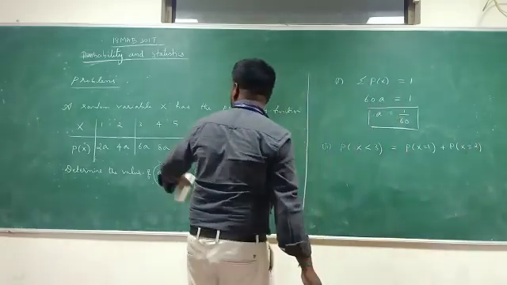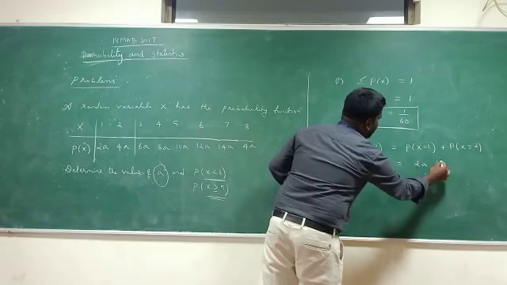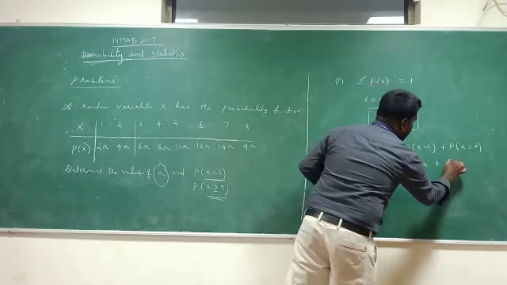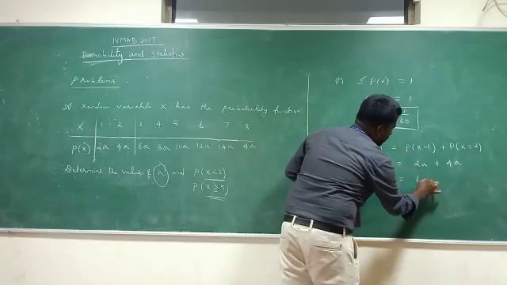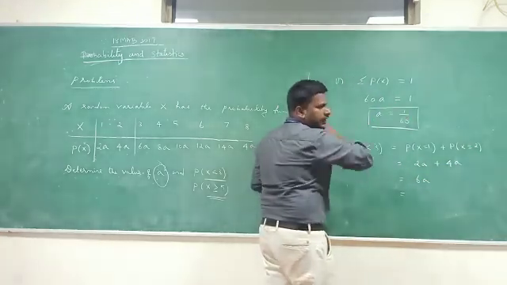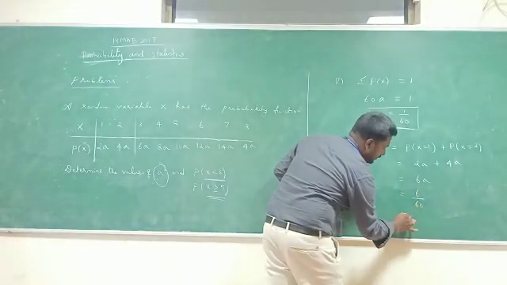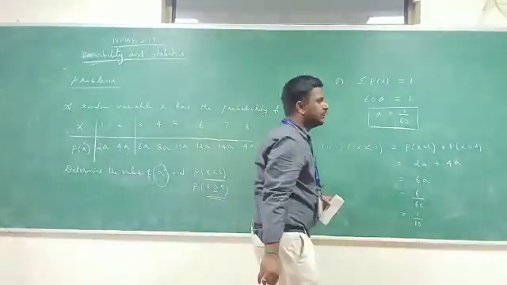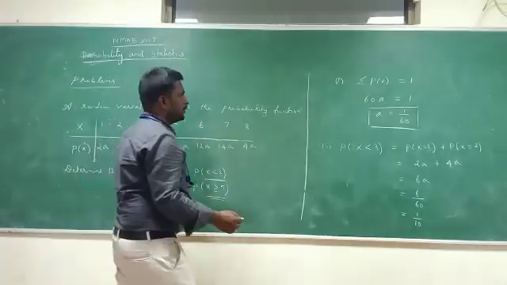Probability of x equal to 1 is 2a, and probability of x equal to 2, in that table, is 4a. Therefore you get 6 times a. Already you found the value for a, that is 1 by 60. Therefore you get 6 by 60, which is 1 by 10. So this case is over.